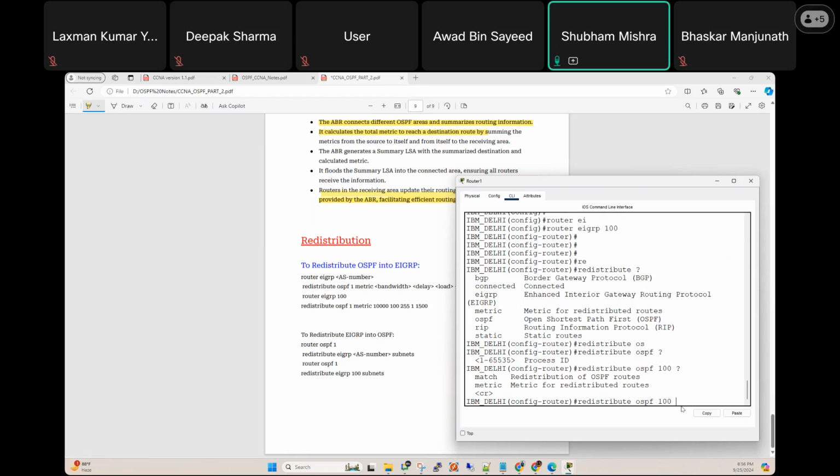But I told you one more thing. OSPF uses a different metric calculation, EIGRP uses a different metric calculation. Getting my point, everyone? So that's the reason whenever you are advertising any routes in EIGRP, the rule is you need to configure all the K values there.